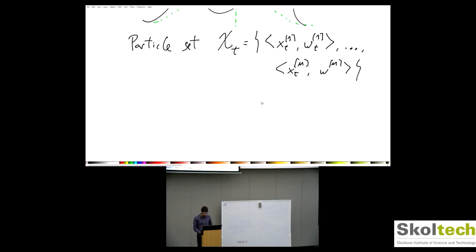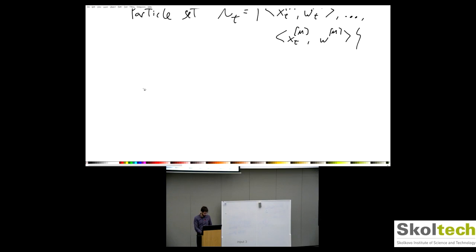Just to give an example, on the previous two-modal distribution, we don't have any first-order moment or second-order moment, no covariance, nothing. We just have a bunch of particles. Imagine that this is well distributed.